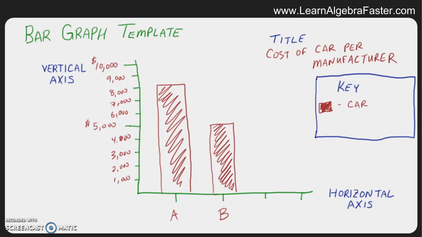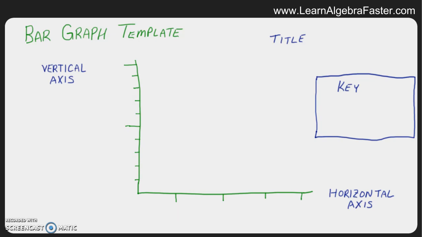So if you notice, one way to make lots of bar graphs quickly is you keep the key aspects the same. So I'm going to delete the work and show you what's left for the template. There you go. So the title, this vertical axis has to be there for every bar graph.